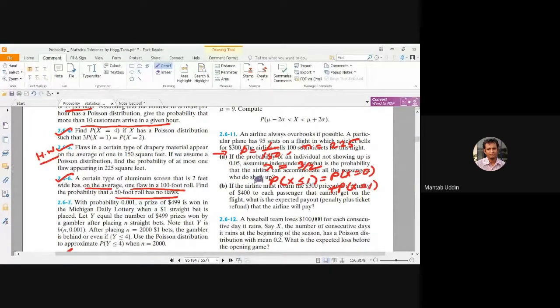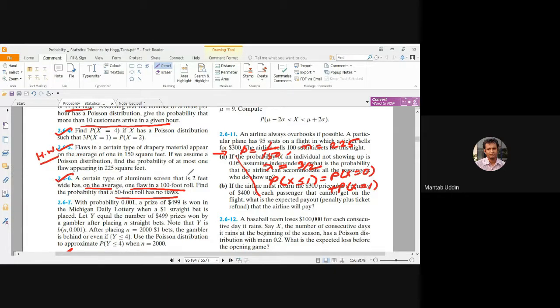The main information is given here. You should follow it to find the result. But the same thing occurs here: the certain type of aluminum screen that is 2 feet wide has on average 1 flaw in a 100-foot roll. You can see the width is 2 feet, but we are moving along the length.